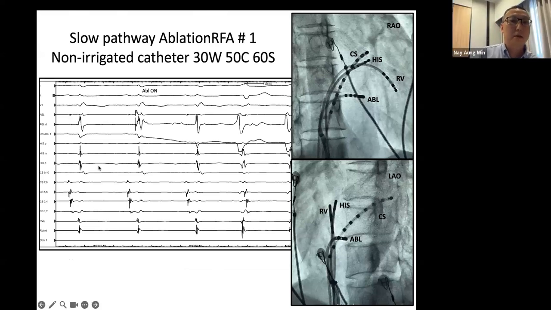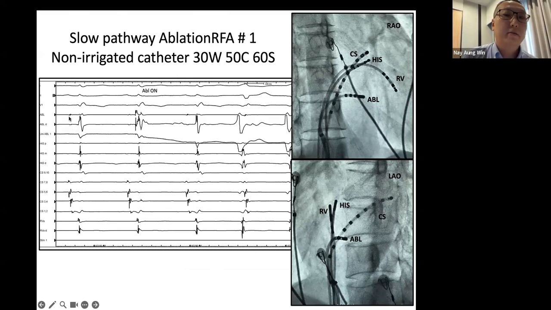I think ablation signal R1, I think the ablation proximal signal is more good because of far VA and there's a slow pathway potential in here.